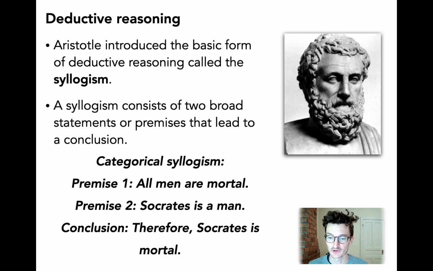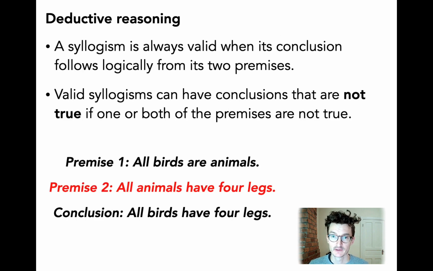Conclusion, Socrates is mortal. And that conclusion is correct because the two premises that it's based on are also correct. And they follow logically. The conclusion follows logically from premise 1 and premise 2. So a syllogism is always valid when its conclusion follows logically from the two premises that come before it.